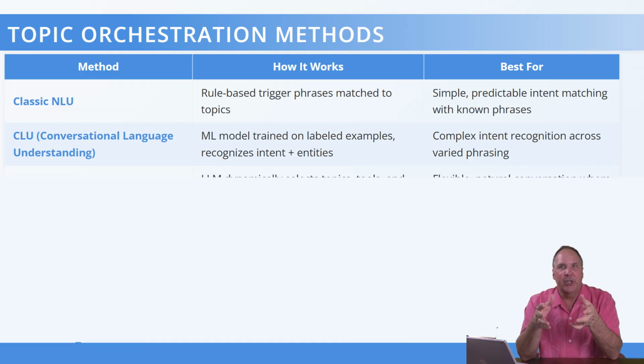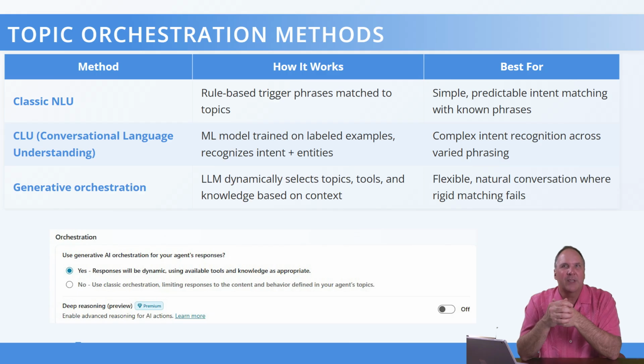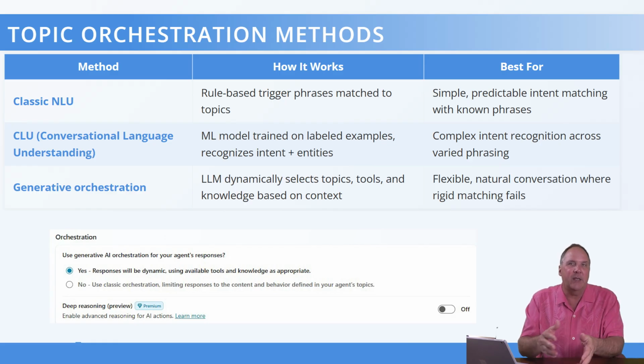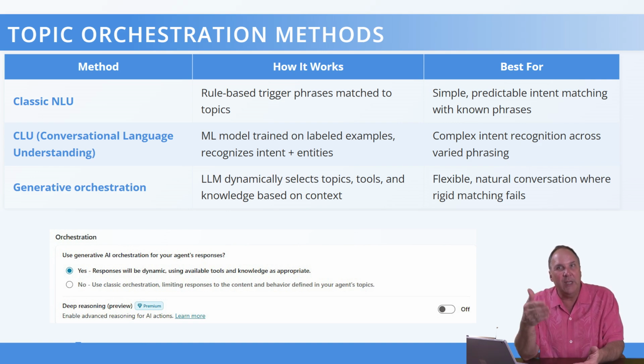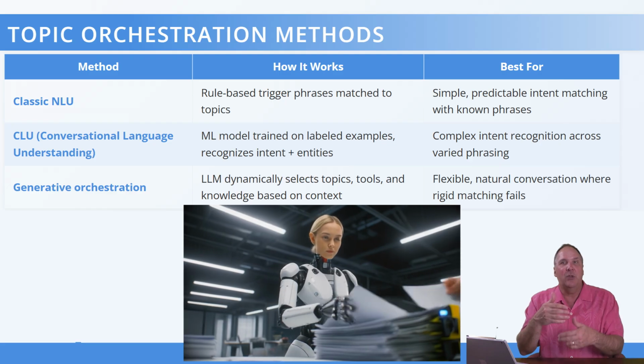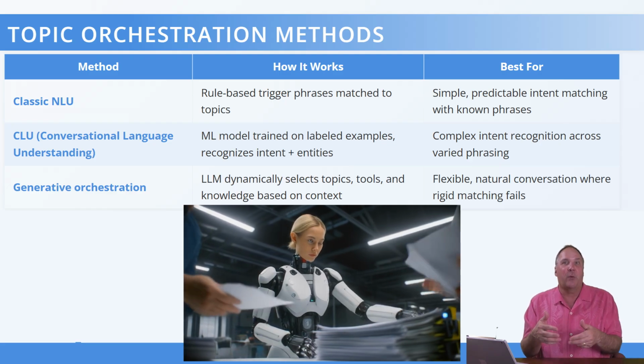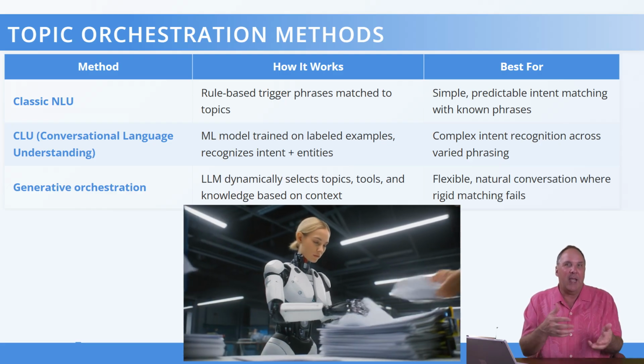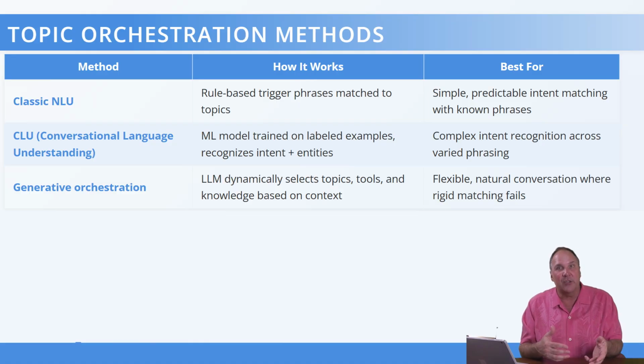Now, there's also generative orchestration. This is the newest and now the default for new agents. Instead of matching trigger phrases or using a trained classifier, the LLM itself reads the user's message and reasons about which topic, action, or knowledge source to invoke. It uses the descriptions you wrote for your topics and actions to make its decision.